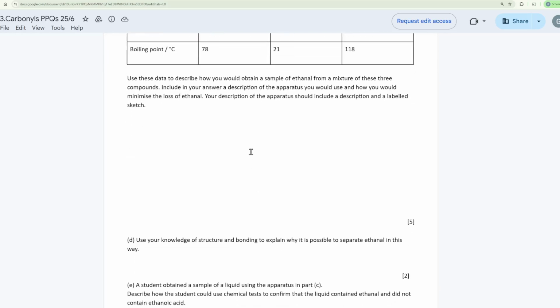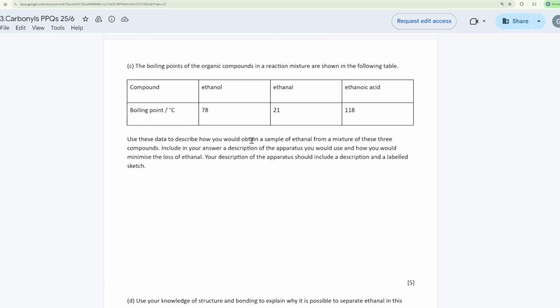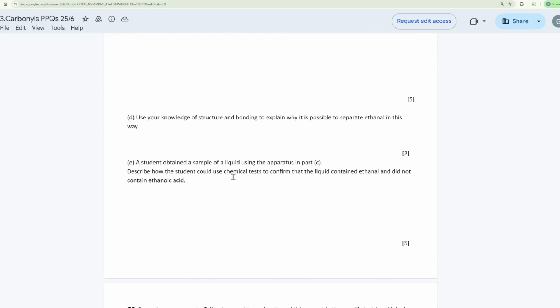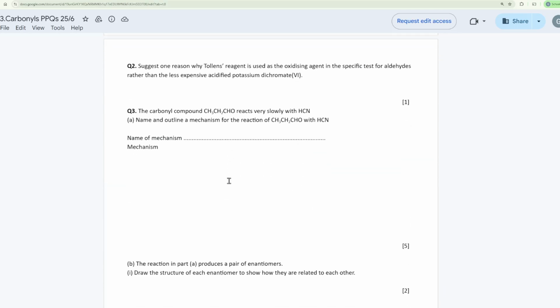How many marks is this? 5. I'm not going to do that. 5 marks I don't have time for. Use your knowledge of the structure and bonding to explain why it's possible to separate ethanol in this way. Okay. Skip that as well. Let's just go into question 2 because these are kind of connected, so it'll be annoying.